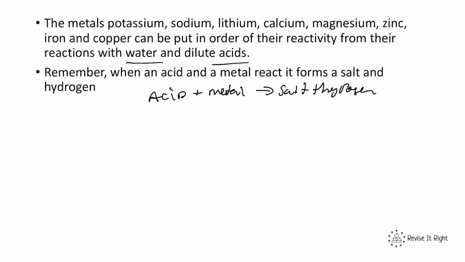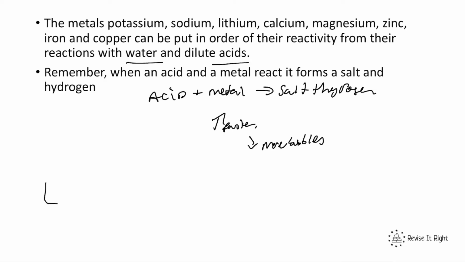The more reactive the metal, the faster that this reaction will go, and therefore the more bubbles will be given off. Therefore, potassium will be much faster and more vigorous, and it will produce more bubbles.